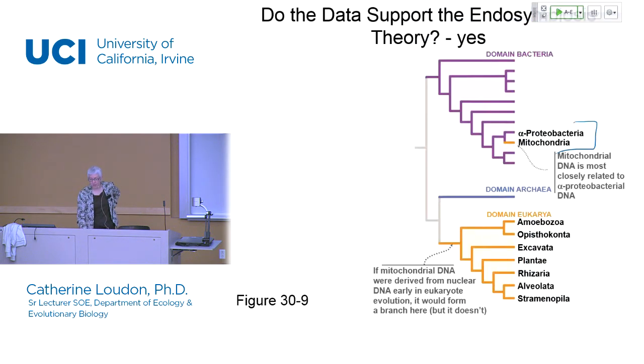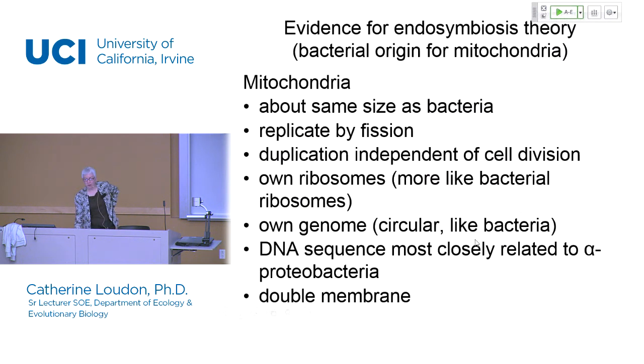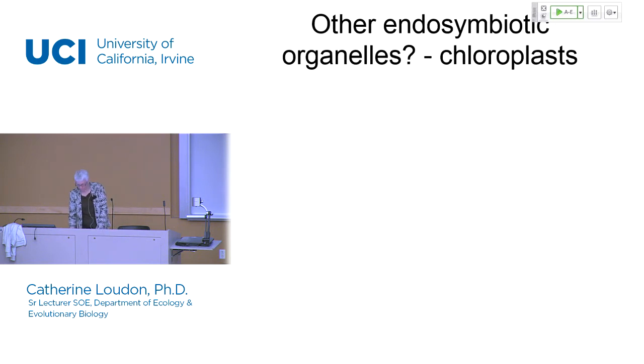And so it's thought that this double membrane is also evidence of an early bacterial endosymbiont being taken into the cell and developing a double membrane. Okay, so that's the story for mitochondria, very quickly summarizing many, many decades of work by a very large number of individuals.